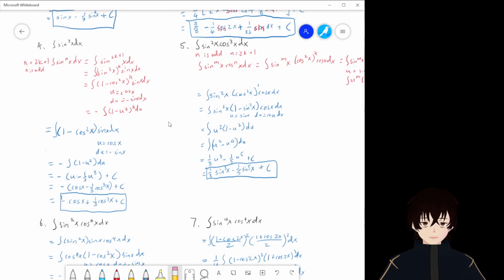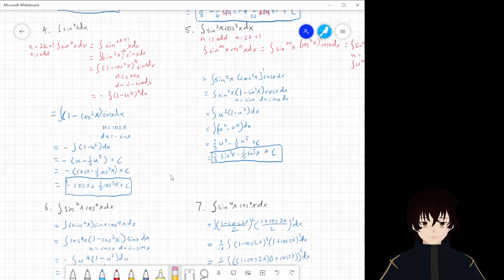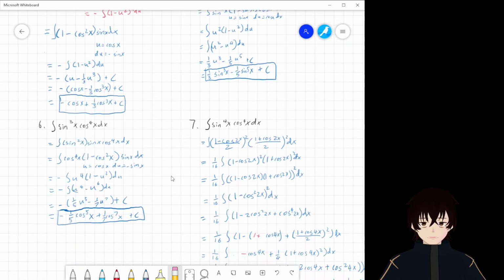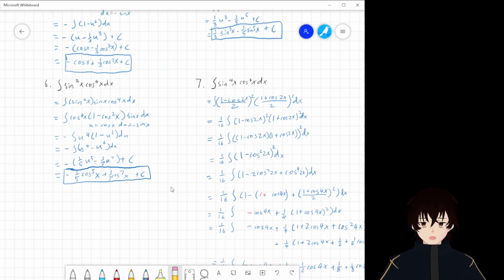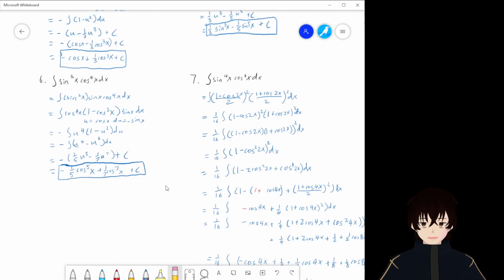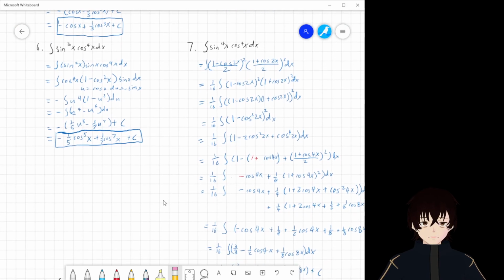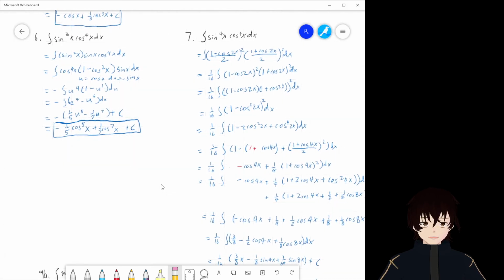Sine even, cosine odd, we take out a cosine. Sine odd, cosine even, we take out a sine. Both even, then we would have to do a really weird thing where we have, what do you call it, conjugates? I think that's what you call them.